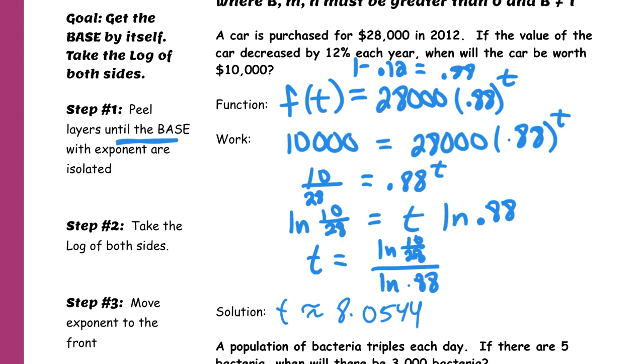Okay, so how are we going to answer this question? When will the car be worth $10,000? 2020? In 2020? That sounds pretty good. Now, I'm saying that because it's 8.05, right?